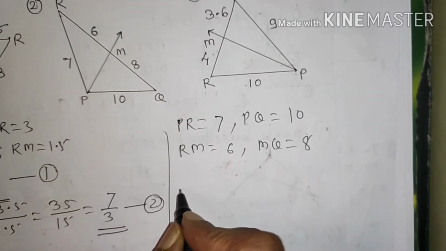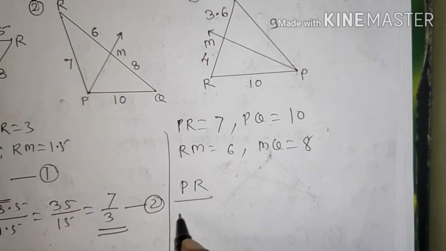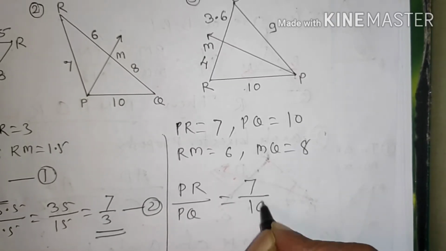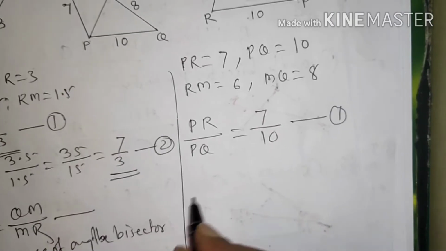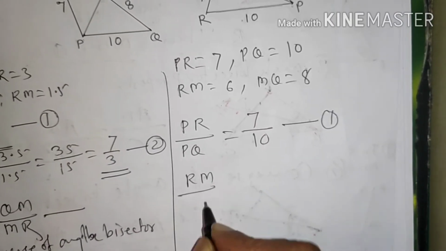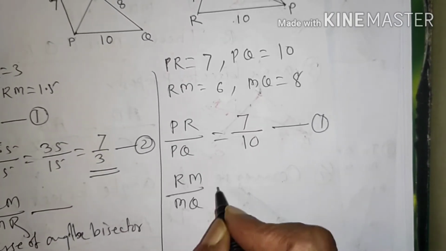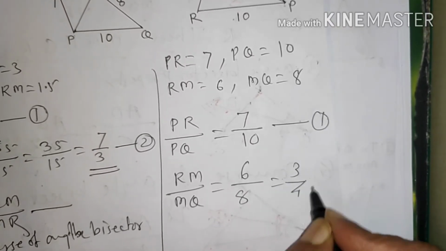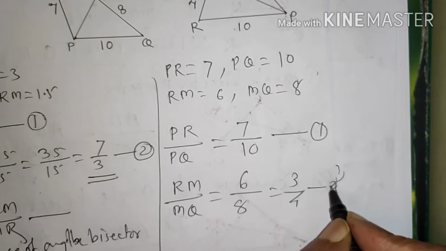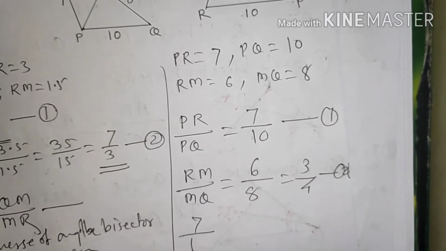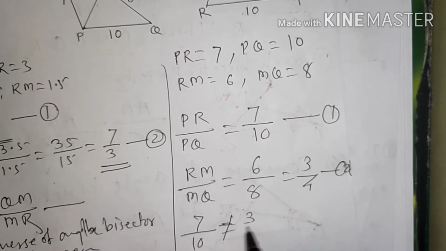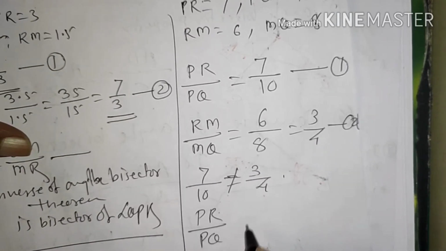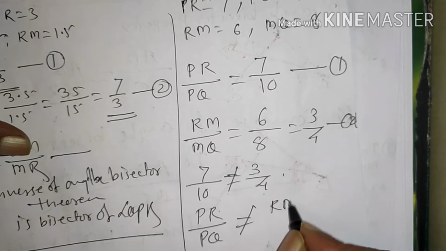Now again, PR upon PQ is equal to 7 upon 10, RM upon MQ is equal to 6 upon 8, that is 3 upon 4. 7 upon 10 is not equal to 3 upon 4, that is PR upon PQ is not equal to RM upon MQ.